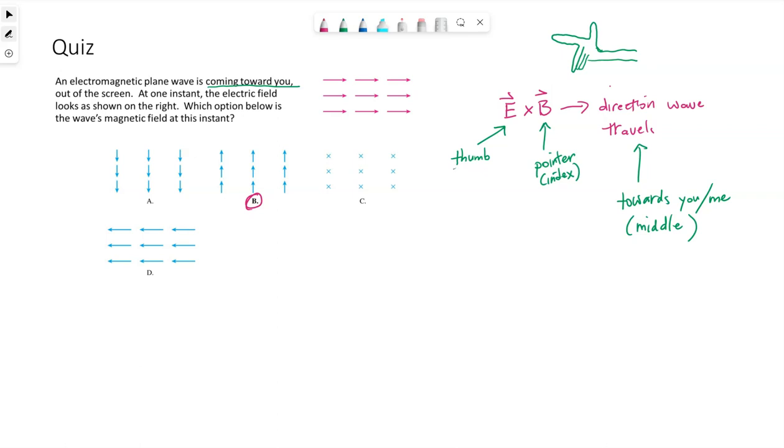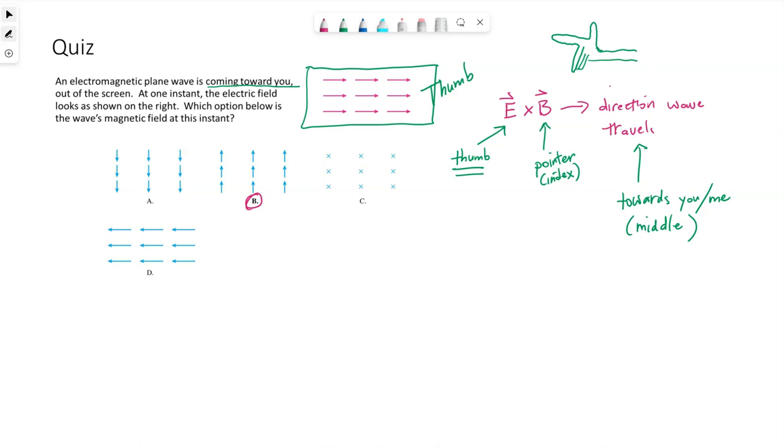We need our thumb to point to the right. The problem tells us that the electric field looks as shown on the right. So the electric field is pointing to our right. So point the thumb of your right hand to the right, towards the right side of your screen.